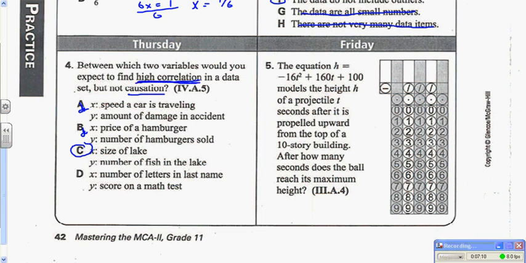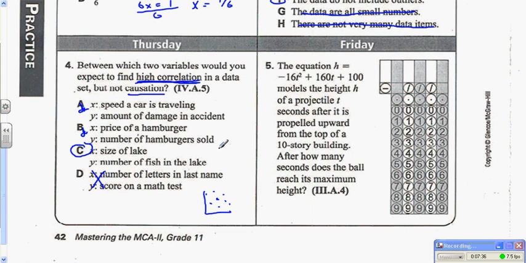So that means that the numbers would impact the score on a math test. They'd be related somehow, even though maybe one doesn't cause the other. But really, if you made a scatter plot and counted the number of letters in a name and the math scores, it would be kind of just like this. You wouldn't know what was going on. So this is not it because of the correlation part.